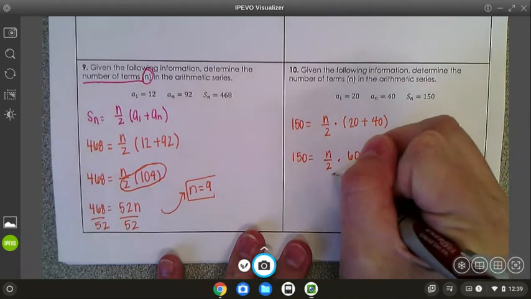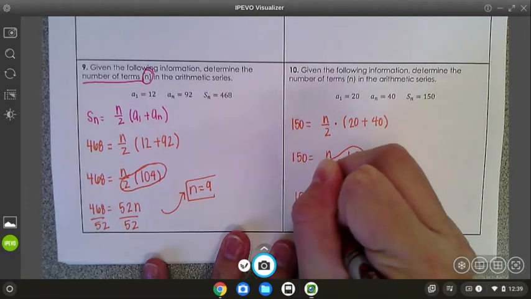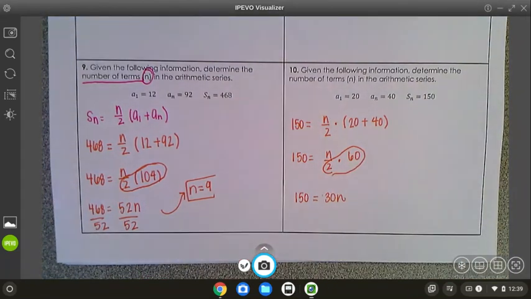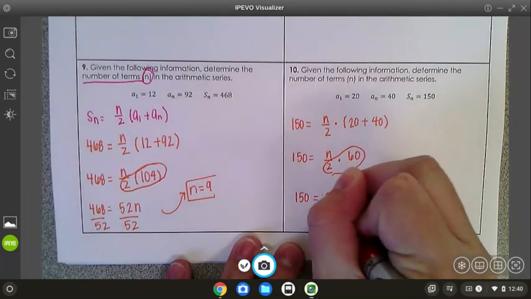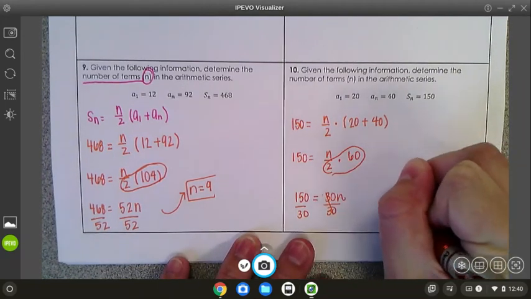We can go ahead and do this 60 over 2. We get 30. So 30n. And then if we divide both sides by 30, we get n equals 5.